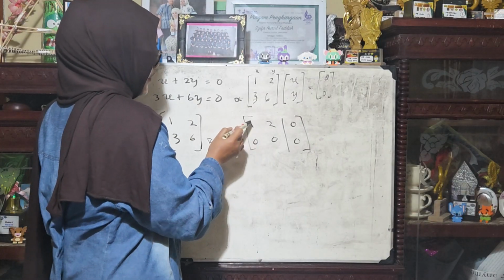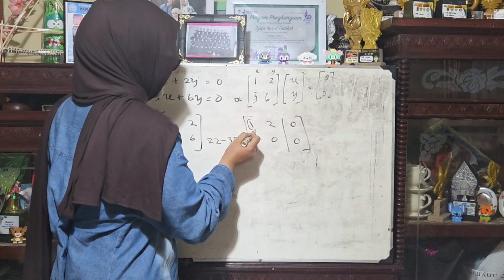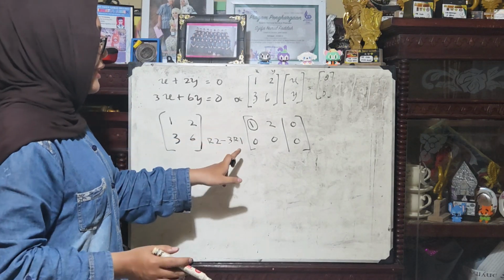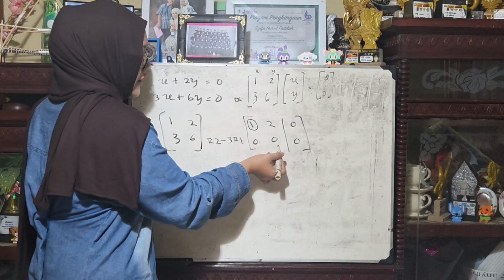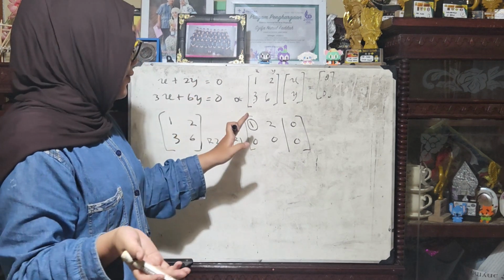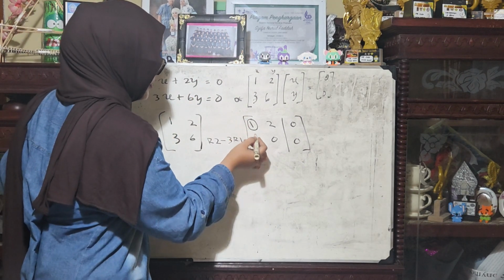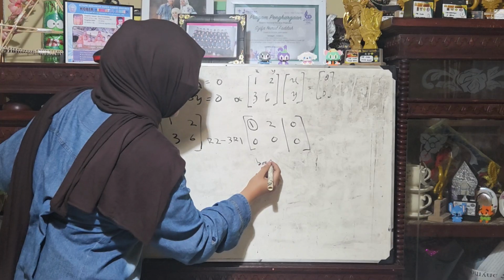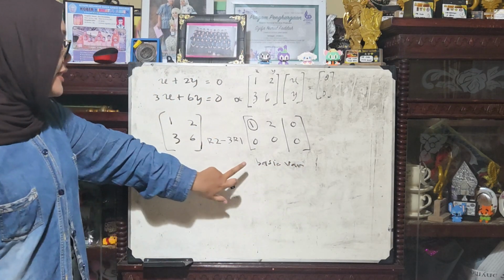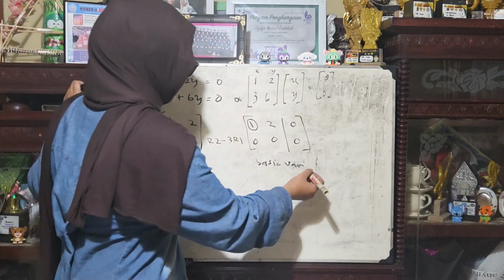So we are going to identify the matrix first. This is the pivot. The 1 is the pivot for the first row. For the second row, we don't have any pivot, right? When we have a pivot, we call the variable a basic variable. In this case, our basic variable is x.